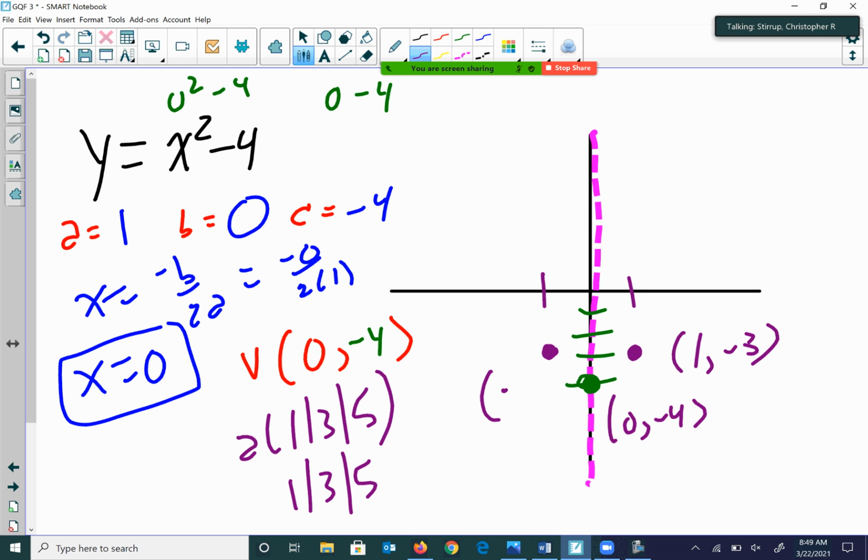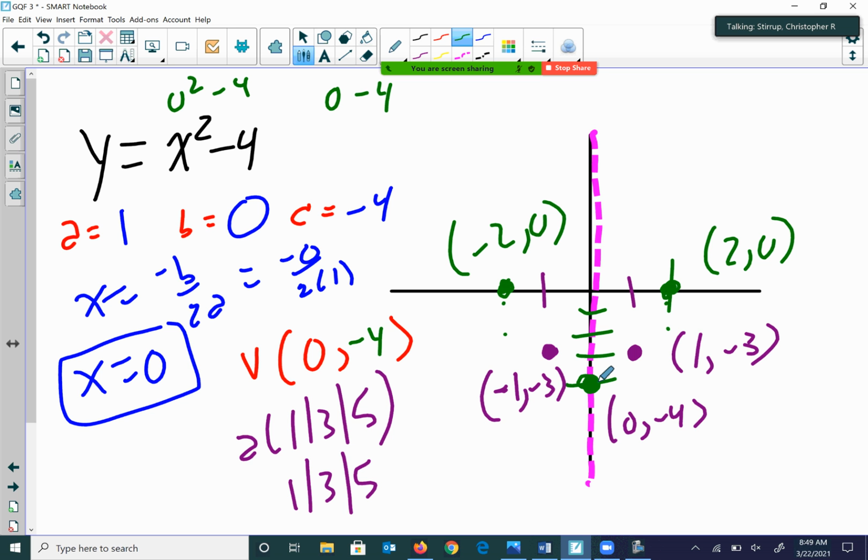So that takes me to negative 1 comma negative 3. I could keep going. I'm going to go right 1, up 3. Right 1, up 3. So that takes me to 2 comma 0. Left 1, up 3. That takes me to negative 2 comma 0. And there's our parabola.